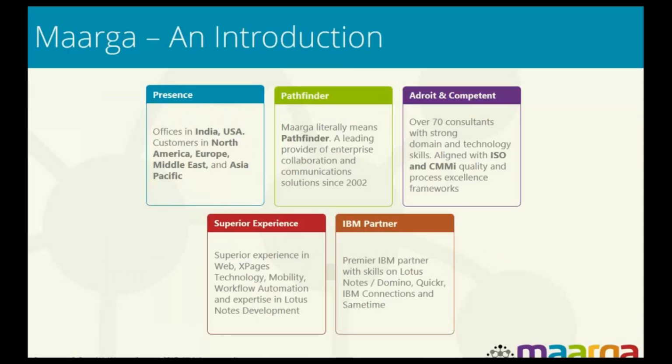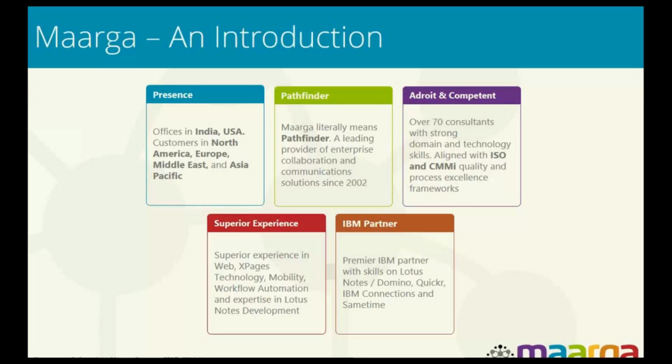So this is a brief introduction about our company, Maarga Systems. As you can see, the name Maarga literally means Pathfinder. We are one of the leading enterprises in the space of business collaboration from as early as 2002, and we have offices in India and the US, and customers in North America, Europe, Middle East, and Asia Pacific.